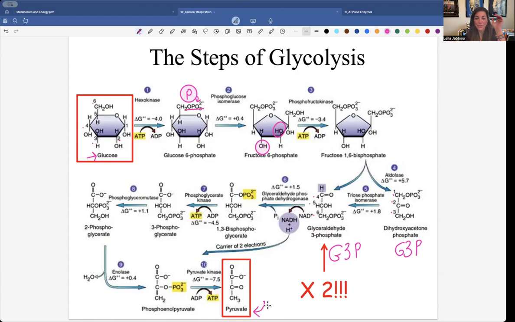This is what we need to focus on. Pyruvate is the molecule that's at the end. 1, 2, 3. It's still a 3-carbon molecule, which means we must end up with 2 pyruvates. And you do. Because for every single one of these G3P, we have this process going on. So the second G3P will see this process going on as well.